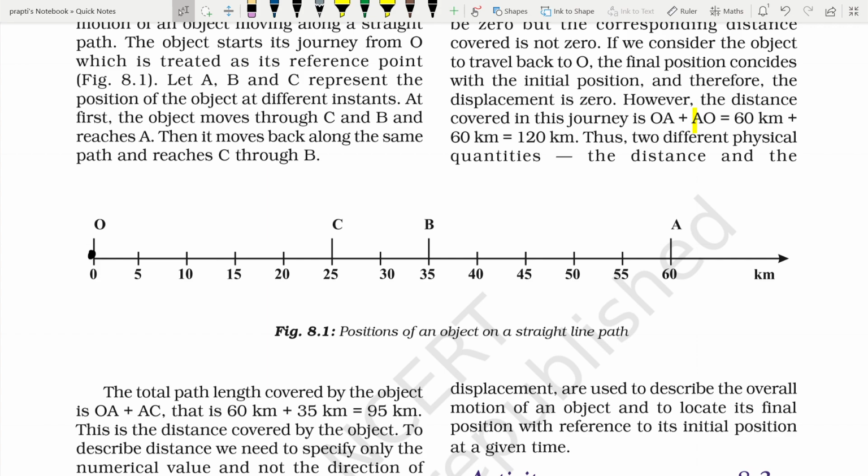But to measure displacement, the object moved from O to A, that is 60 kilometers, and A to C 35, but it is minus 35 because the direction of O to A and A to C is opposite to each other.